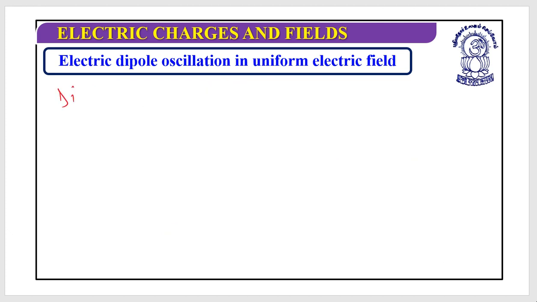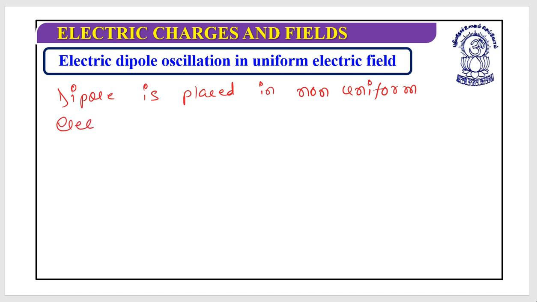Yes. Now what would be the situation when a dipole is placed in a non-uniform electric field? Did you remember case 1 and case 2 when a dipole is placed in a non-uniform electric field? If you remember, tell me, what is the F net? 0 or non-zero?